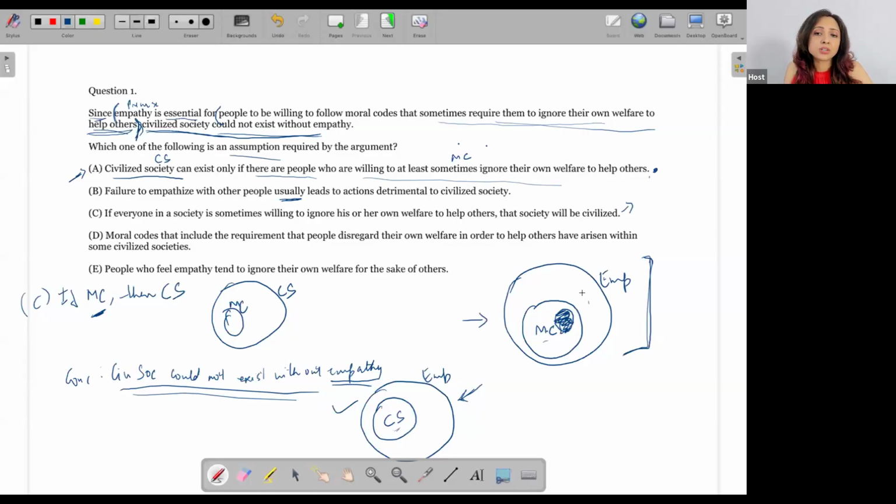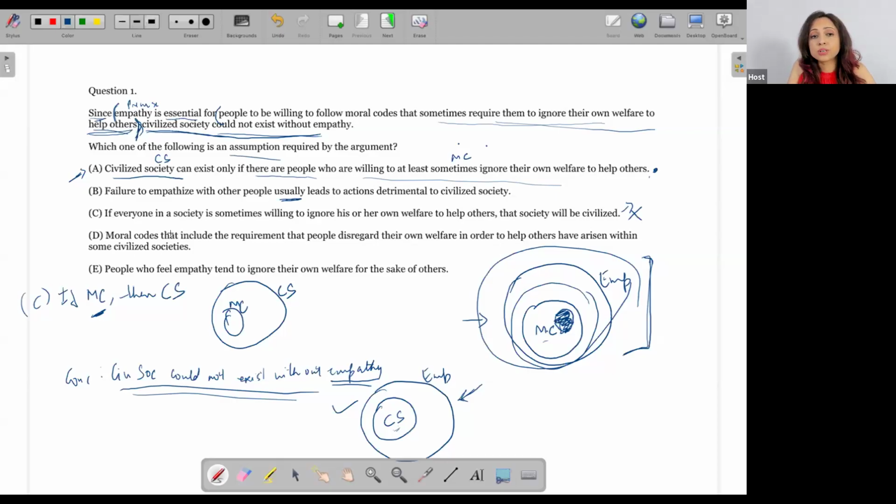Is it over here, for example? Is it over here? I have absolutely no idea. I cannot conclude from this that empathy is necessary for civilized society, right? This is not what is required. I need the CS to be inside the MC circle. So then this is also not correct. It gives me the opposite relation, opposite to what I was looking for.